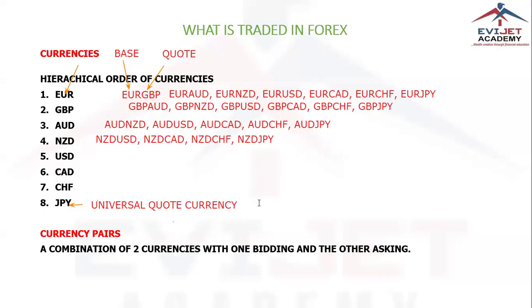What it means is that it cannot be a base at any time. It can never be a base. It is always a quote. That is why it is called the universal quote currency, while euro is the universal base currency.